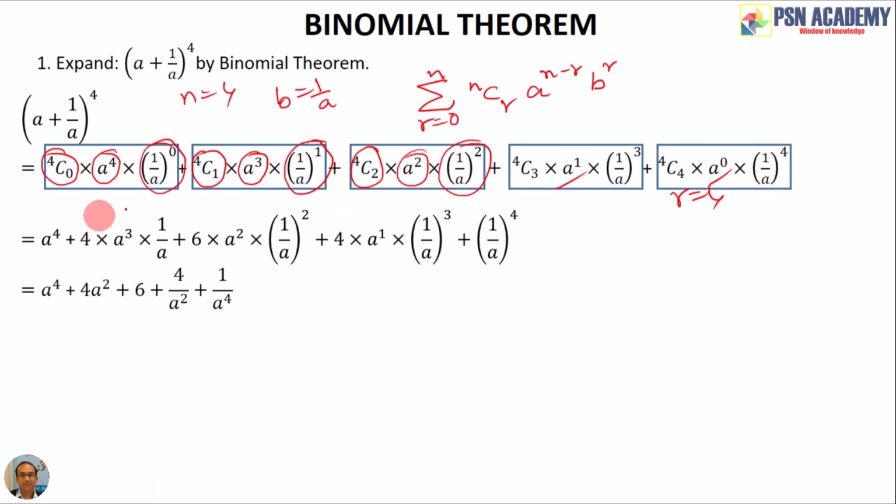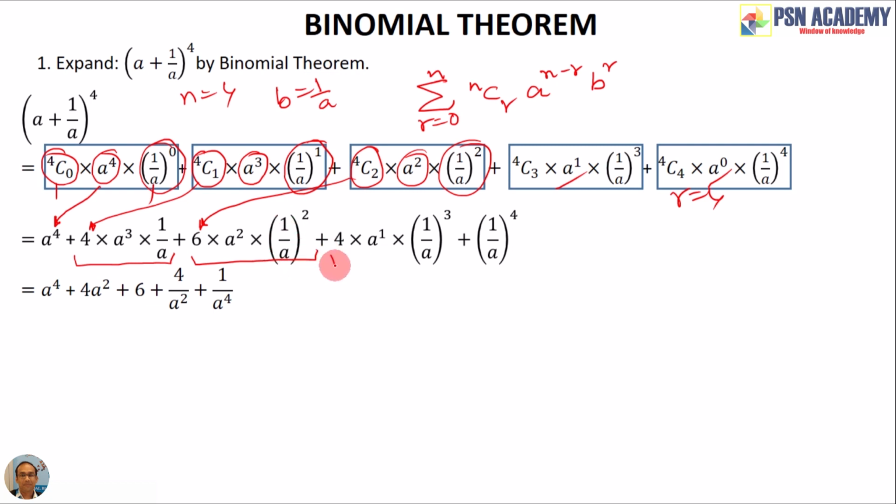Now if you evaluate, the first term will be simply a raised to 4 because this is 1 and this is also 1. The second one is 4C1, which gives you 4, and a cube is here, and 1 by a is here. So this is the second term. This is the third term: 4C2 gives you 6, and a square, and 1 by a whole square.